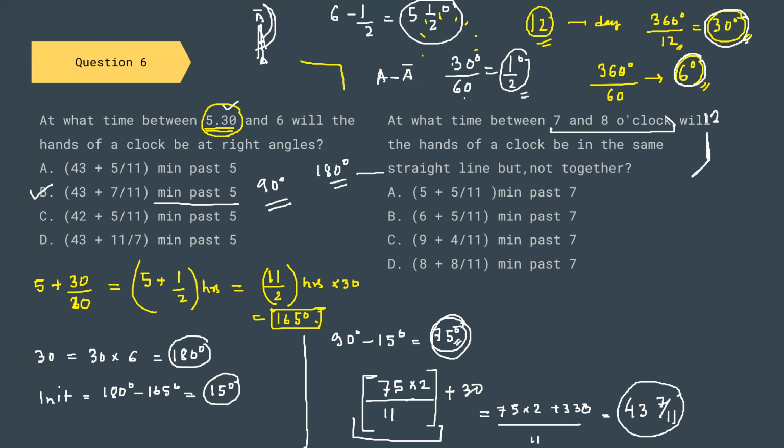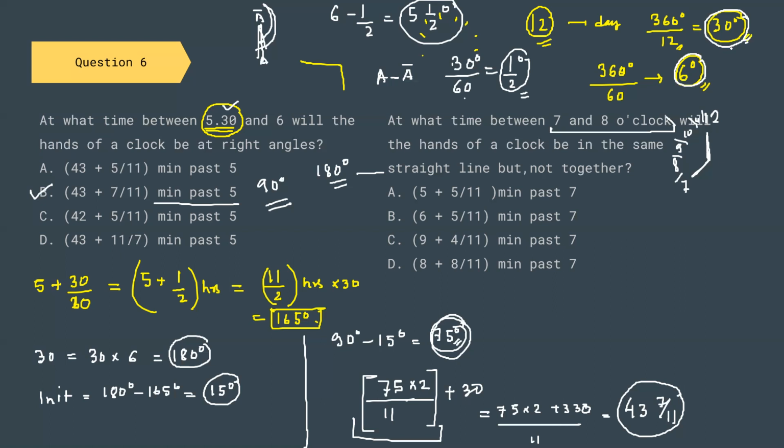We can imagine this is at 12 and this is at 7. So 7 and 12 have a total distance of 8, 9, 10, 11, 1, 2, 3, 4, 5, a total of 5 iterations, and at every iteration we are covering around 30 degrees.